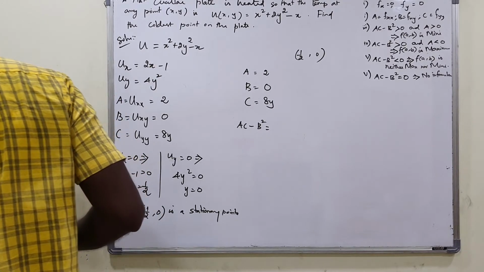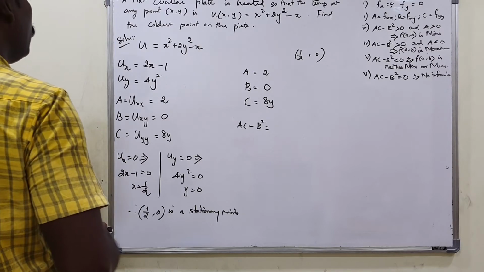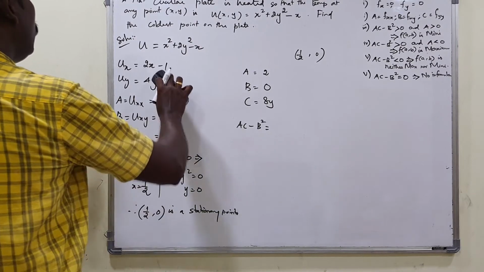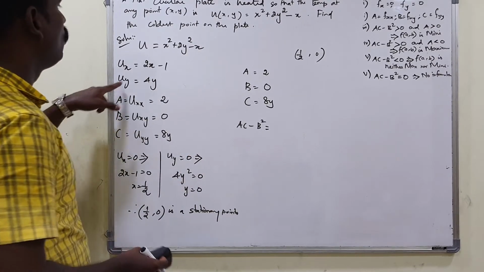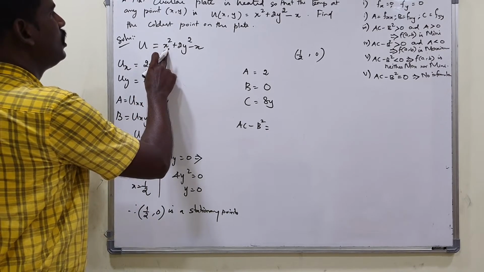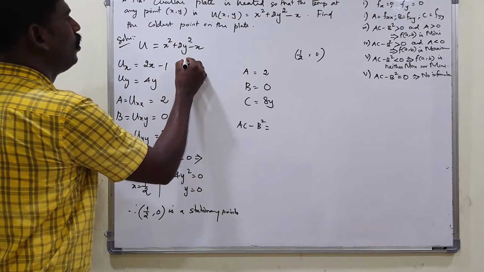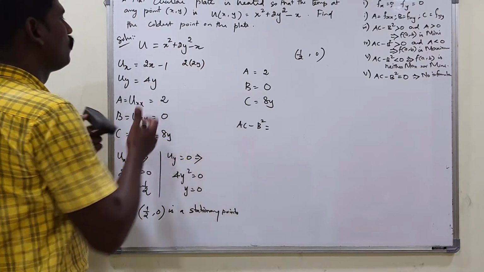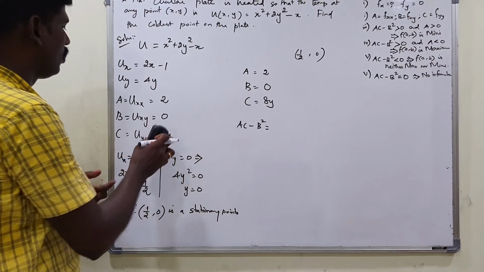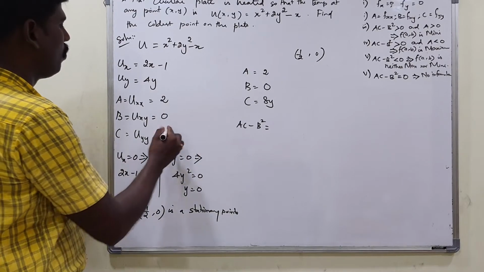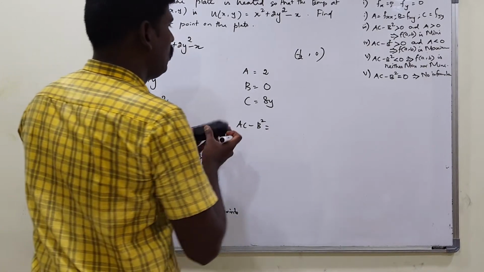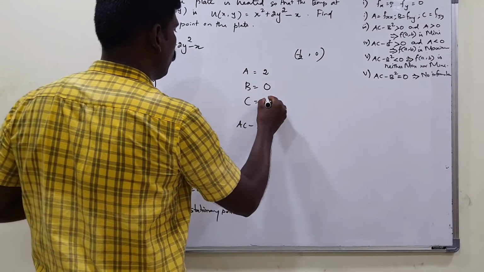I think it is 4y, uy. Sorry, it is not 4y square, isn't it? uy is 4y, isn't it? Y square becomes 2y, 2 into 2y, 4y alone. So not 4y square. So u double y becomes 4.